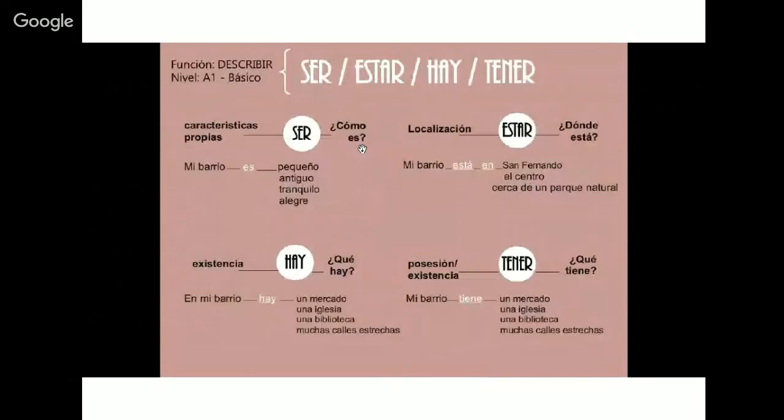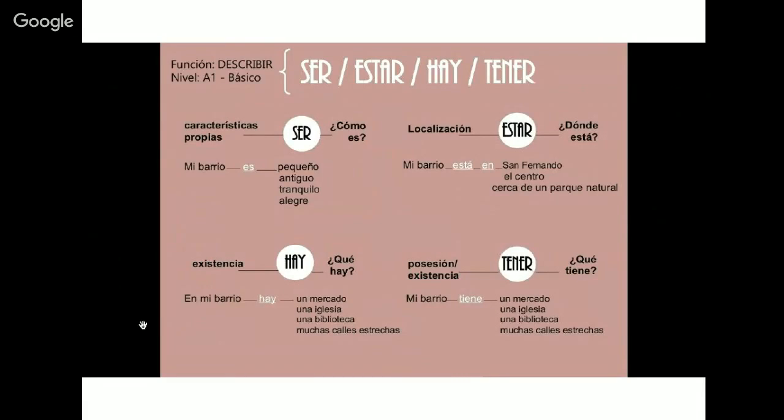What is it like? Estar habla de la localización. So estar speaks about the place, the location. ¿Dónde está? Where is it?